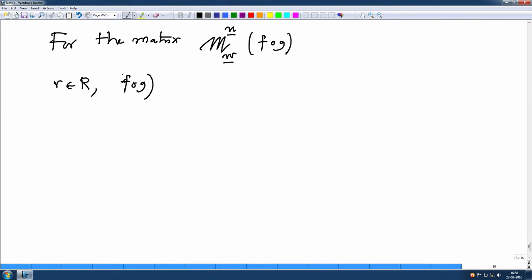F∘G on UR, and this I want to write in the form of WI and the coefficients, because F∘G is a map from U to W. So here the basis is UR and here the basis is WI.